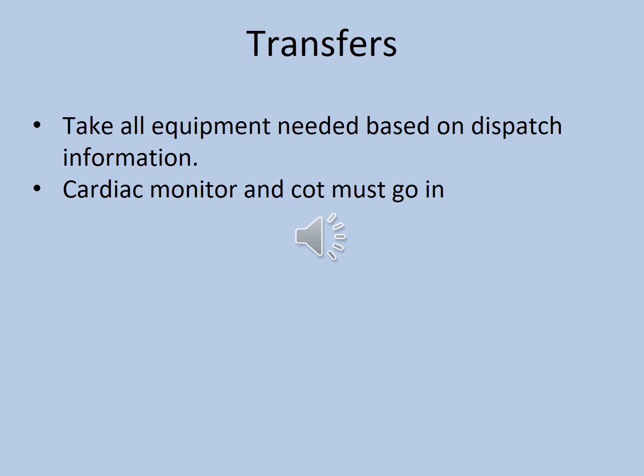If you're sent out on a transport or a transfer from a facility to another one, your cardiac monitor should go in no matter what. Not only for cardiac monitor, but vital signs, pulse ox, all that stuff. So take that in, and any additional equipment that you need based on what dispatch is sending you to. If you're going for a patient that is intubated, then you probably should bring some kind of ventilator in, some kind of equipment to continue breathing for that patient, right?